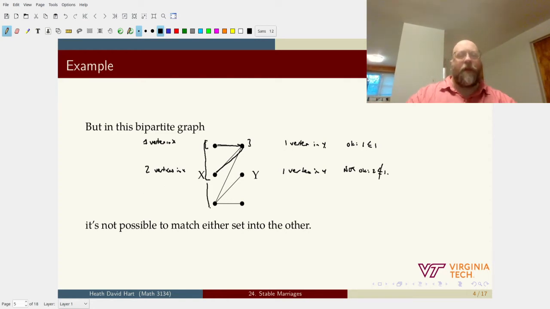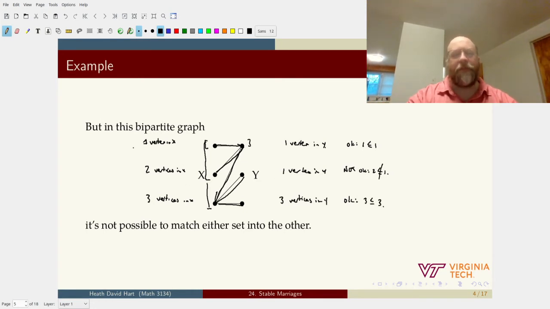Well, if we kept going to 3 vertices in X, now we have 3 vertices in X, and we look at the neighbors, and this vertex down here neighbors to everybody in Y. And so we have 3 vertices in Y. And again, that's okay because 3 is less than or equal to 3.